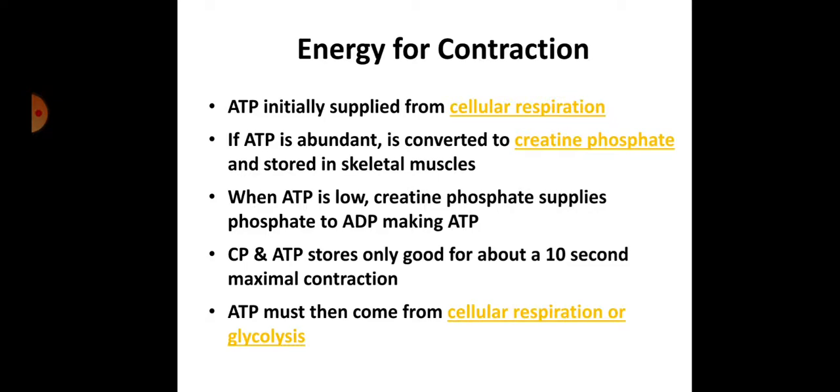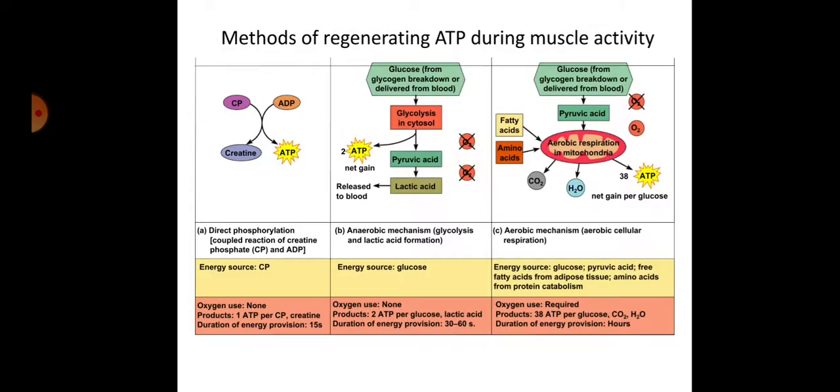Creatine phosphate and adenosine triphosphate stores remain good for about 10 seconds for a maximum contraction. ATP must then come from cellular respiration or glycolysis. Here in this diagram, you can see the methods of regenerating ATP during muscle activity.